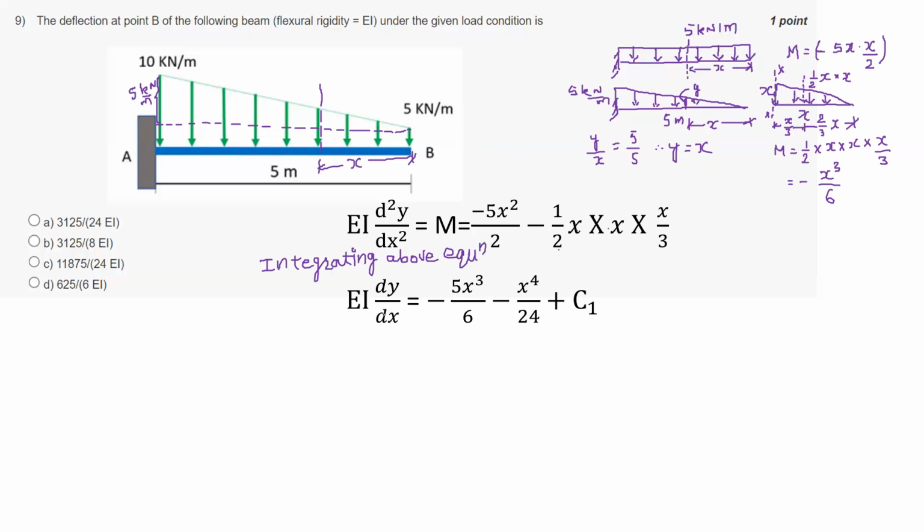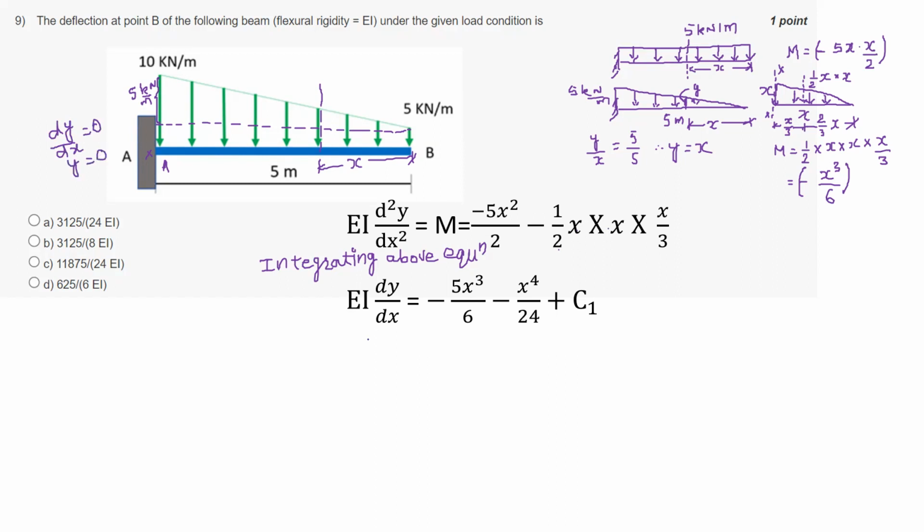So we have EI dy by dx equal to minus 5x cube by 3, and the 2 becomes 6, minus x cube by 6, so it becomes x to the power 4 by 24, plus C1. Now we know we have a fixed end. At fixed end A, dy by dx is 0 and y is also 0.